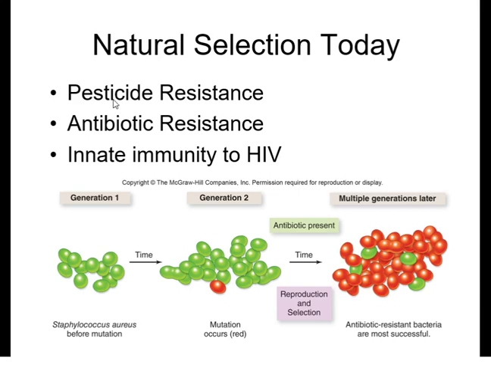Basically, the alleles must either exist in the population to be selected for, or they don't exist. Because mutations are random and not goal-oriented, like natural selection is not goal-oriented, it basically says what's available for the species, and if that's available, then that's what's selected for. The same thing is true for pesticide resistance and antibiotic resistance. If you treat a bacteria with an antibiotic and they don't have any resistance, they're all dead. There's nothing that's going to happen that allows them to survive because it pretty much kills off all of them.